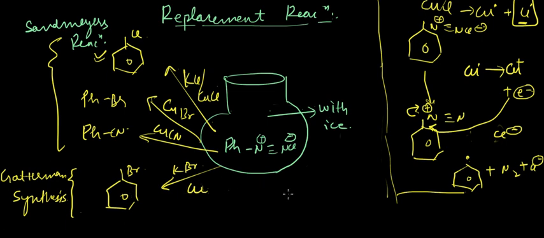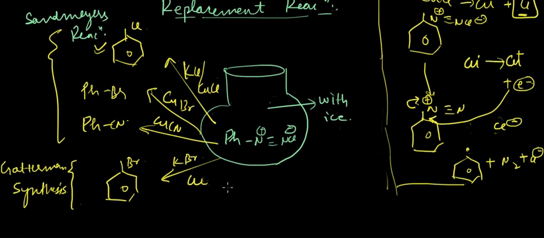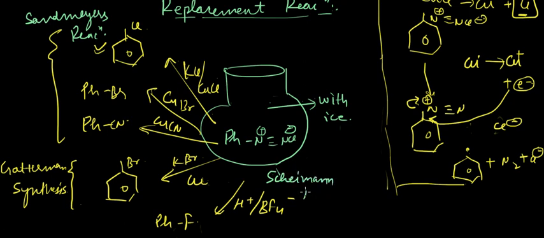Now if we have something like this, in which we pass H plus and BF4 minus, then we will get PhF. This is known as Schiemann reaction.